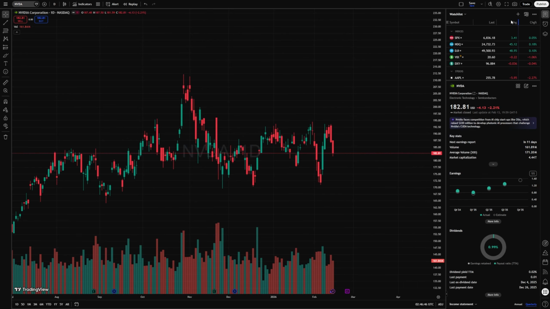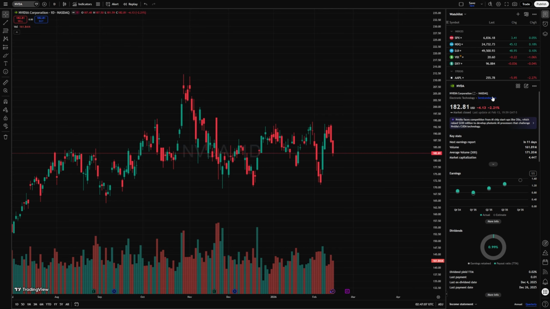You could also switch to this side part here, where it's going to show you the ticker's name, the company's name, what industry they're in, and what exactly they provide. So with Nvidia, they're in electronic technology, and they provide semiconductors.